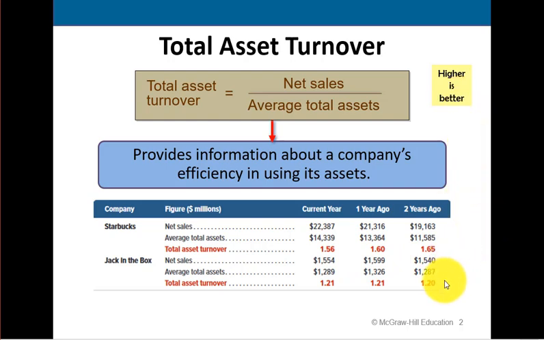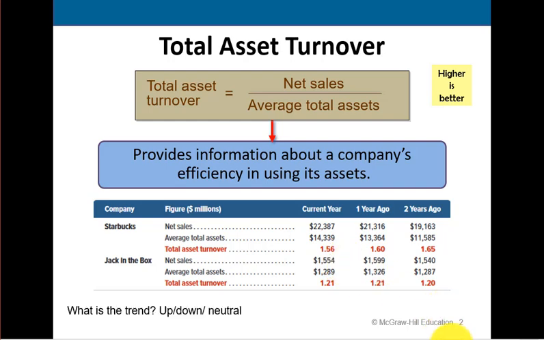And Ch8and9 is pretty much staying the same, but overall, the higher number here is Starbucks. Now, another way to look at this is to say that Starbucks in the current year generated $1.56 in sales for every dollar they had in assets. So $1.56, 1.5 times basically.